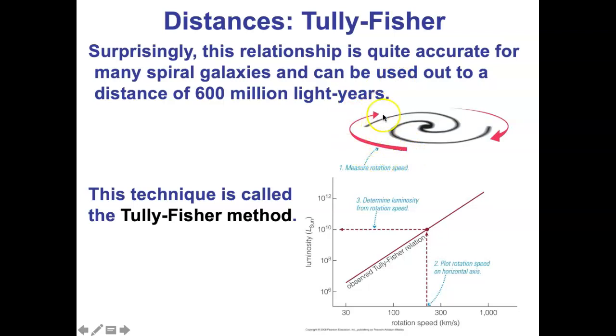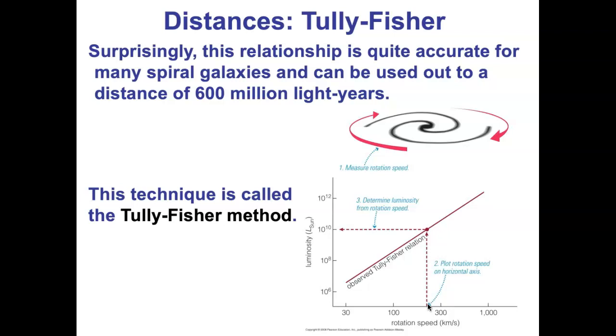So by measuring the red shift on one side and the blue shift on the other, you can figure out how fast that whole galaxy is spinning, what the speed of the stars are, and it turns out when you calibrate this, the rotational speed of the galaxy and the luminosity of the galaxy have a pretty tight little straight line relationship. The faster a galaxy is spinning, now let's think about why.